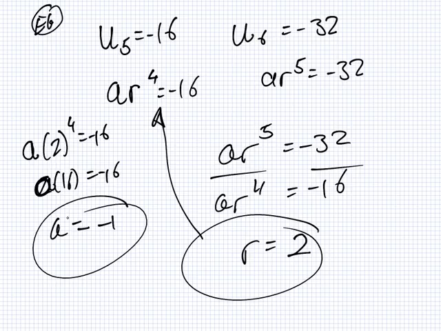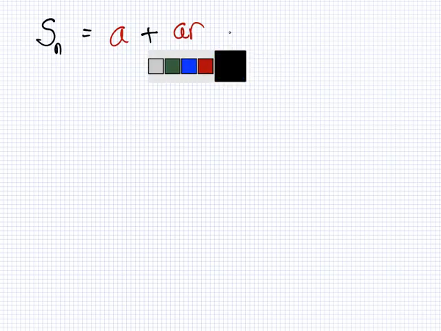Next now, you can probably guess what's the next formula we're going to have a look at. The sum. So Sn equals, what's the first term? A. Plus the second term? A R. And then the next one is... the first term.